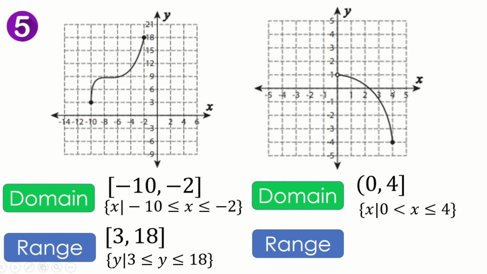Ibig sabihin, your x should be greater than sa 0, but less than or equal sa 4. Bakit dito nawala yung equal? Kasi hindi naman kasama si 0. Kagaya ng sinabi ko, naka-open yung circle natin, hindi siya naka-shaded. So yung range naman natin, again, tingin tayo dito sa vertical line na to, or the y values.